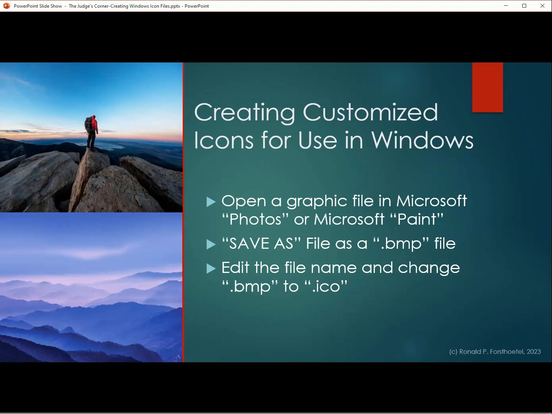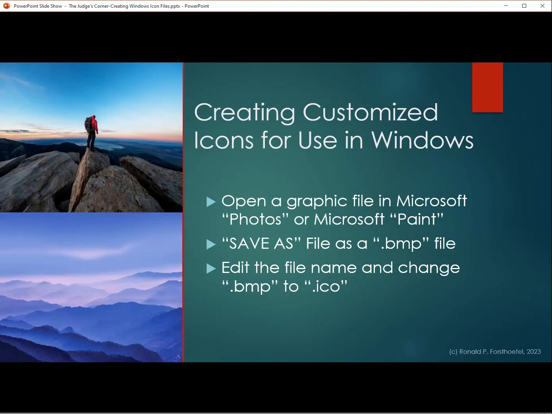And then once you've created a bitmap file, you just simply change its name in Windows Explorer from .bmp to .ico, and it becomes an icon file with that name change designation. So it's a real simple process, and let's see it in demonstration.